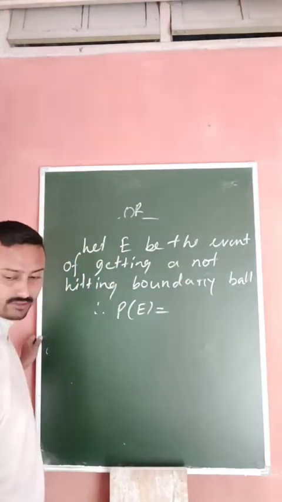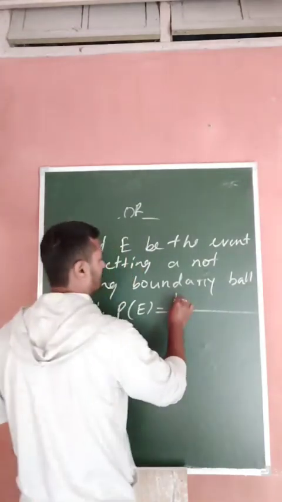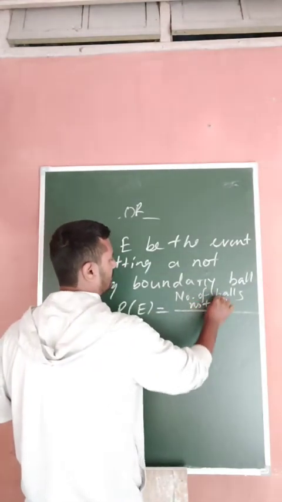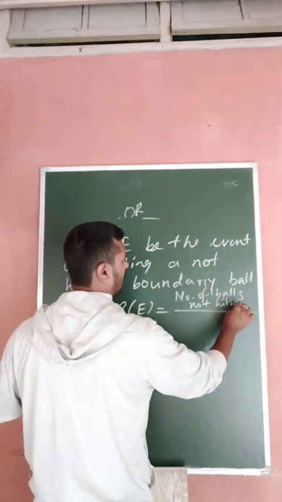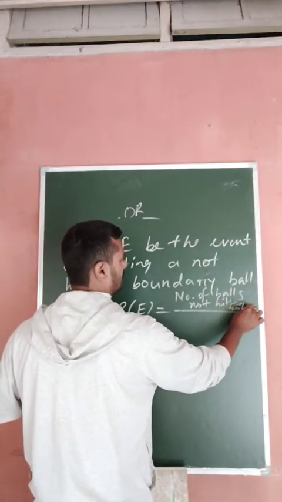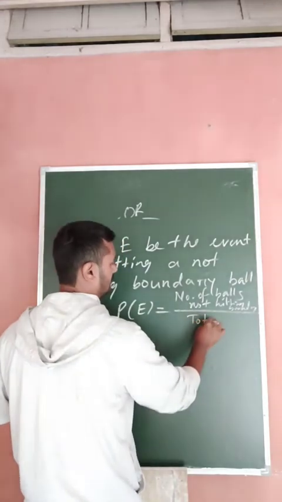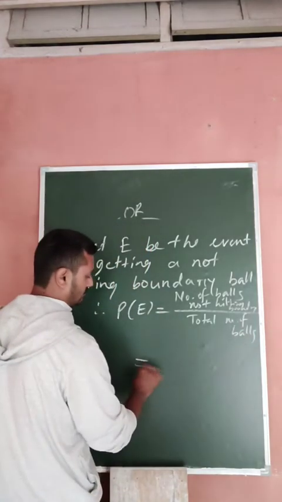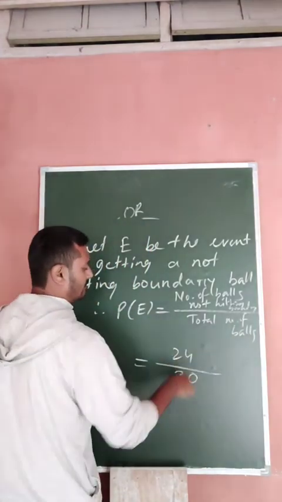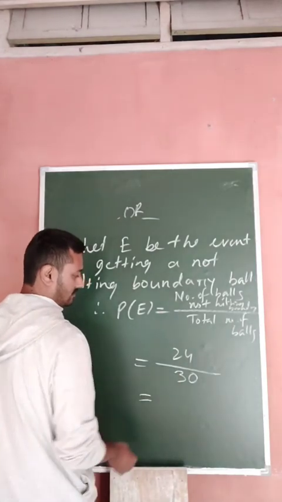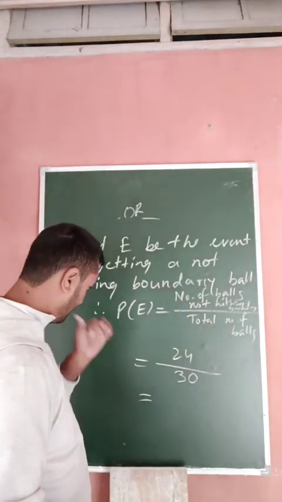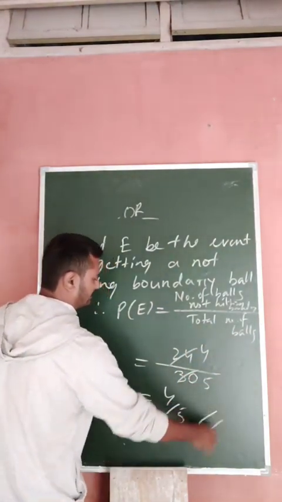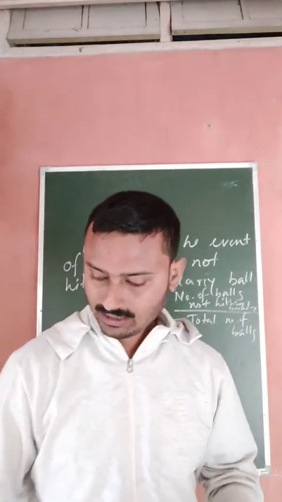In this case, the favorable cases will be the number of balls not hitting a boundary, and the total number of balls is the possible cases. So this is 24 by 30, which is 4 by 5. So you can solve this question in both ways.